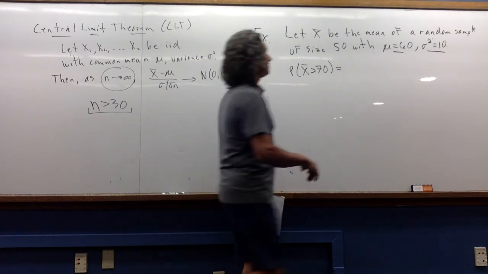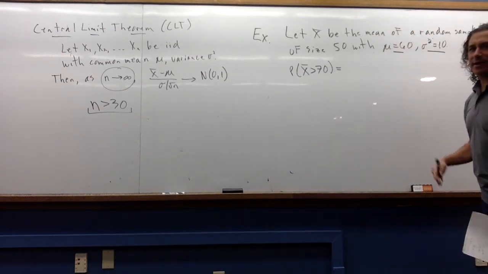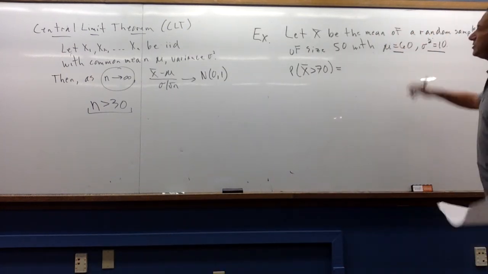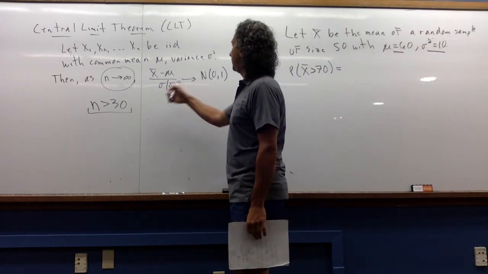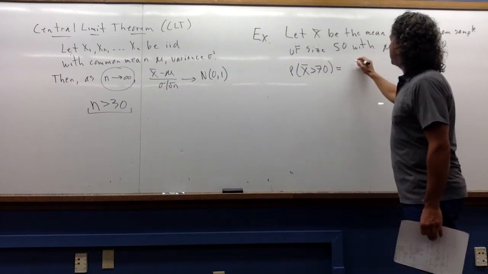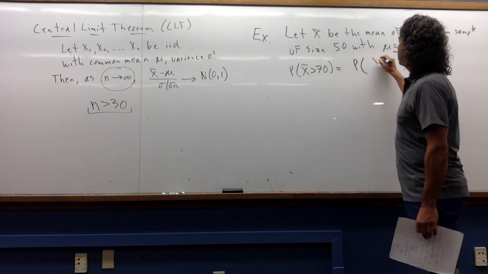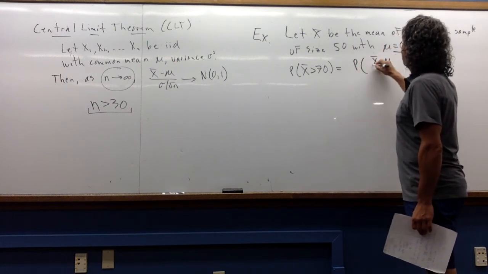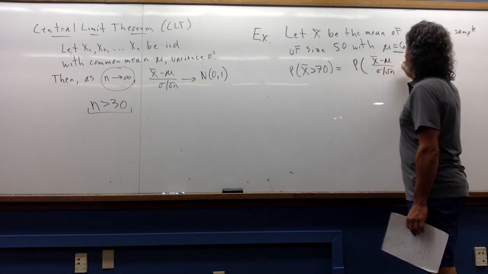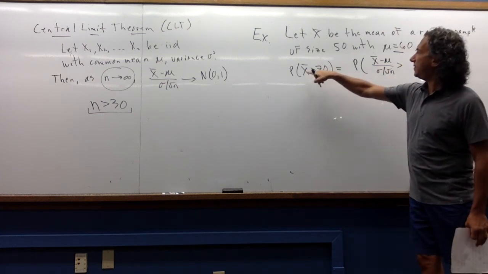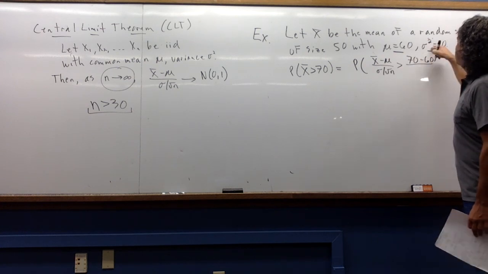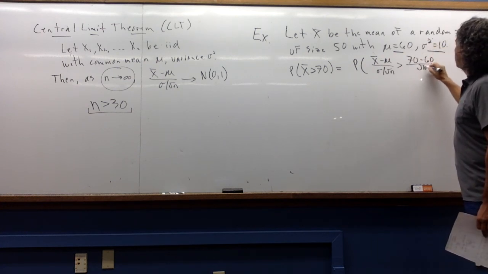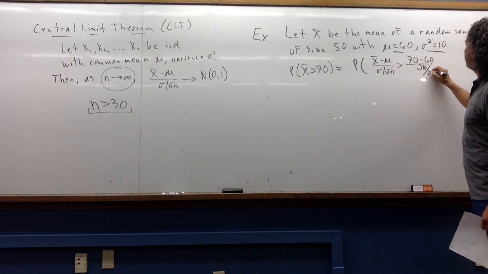But back to this. Let's actually compute this number. I just threw some numbers out there. So how do we compute this? Well, we use the Central Limit Theorem. This is telling me that I could take x bar minus mu over sigma over root n. Well, if I do that on this side, I have to do it on this side, minus mu over sigma over root n.